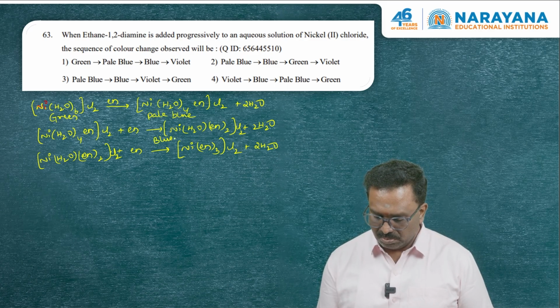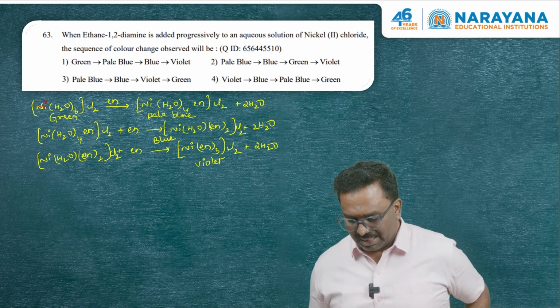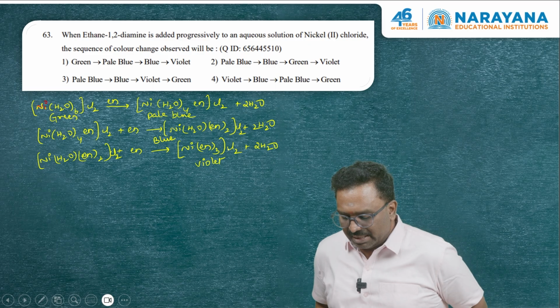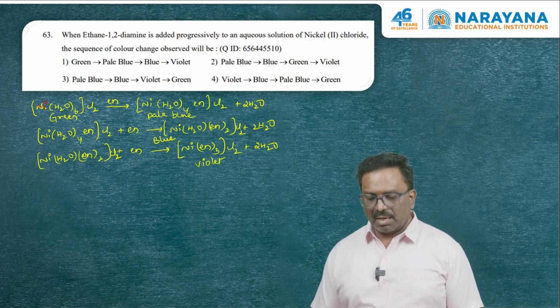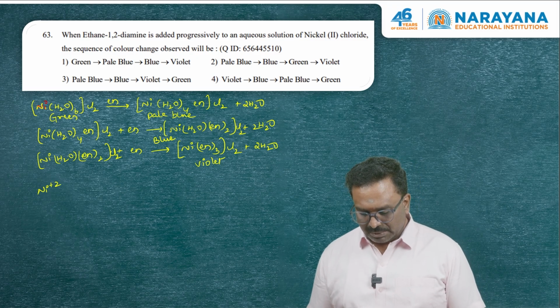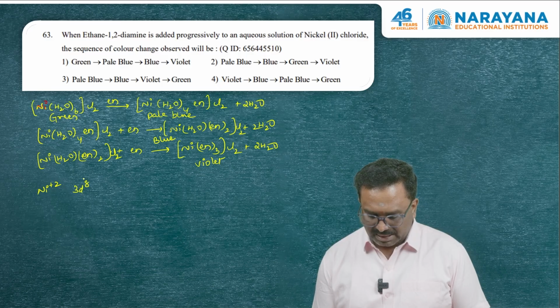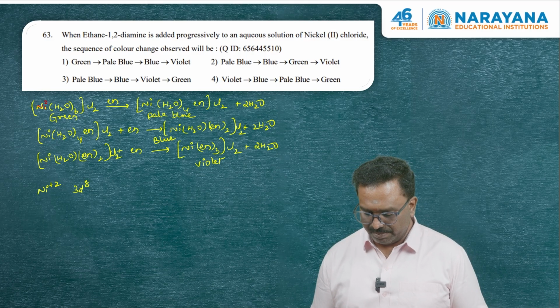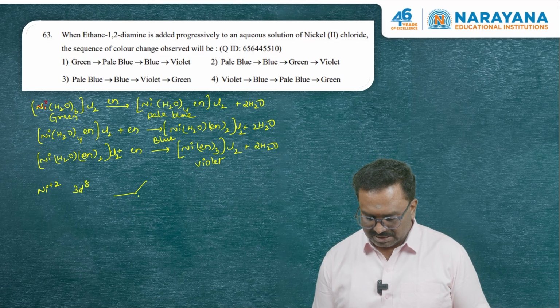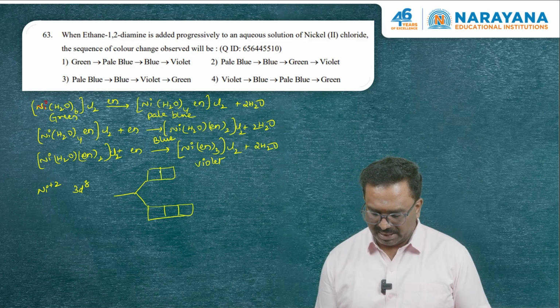changed into blue colored and further it changed to violet color. We can identify that change here. What happened is nickel here which has +2 state, the nickel which is with the 3d8 configuration in +2 state. The splitting of this we can identify in octahedral geometry.